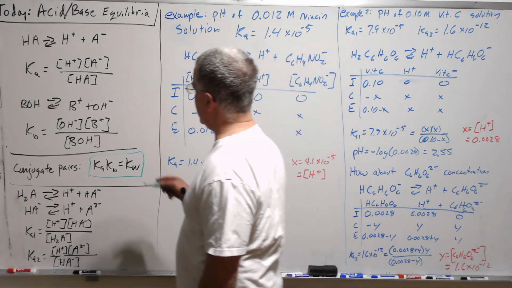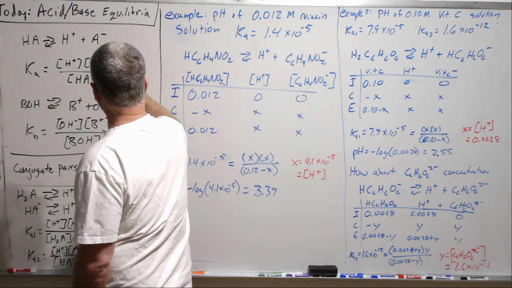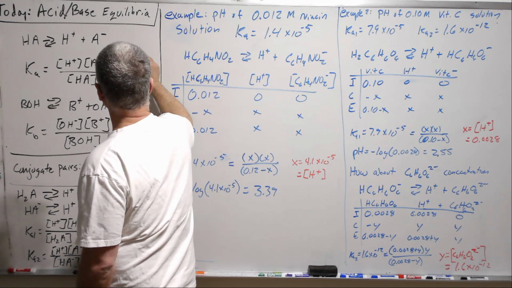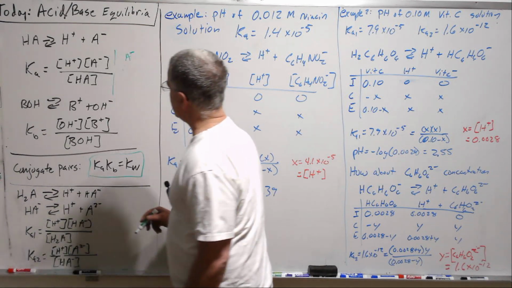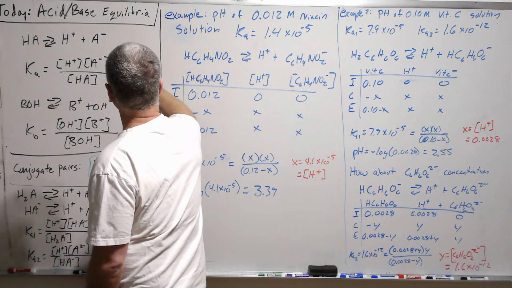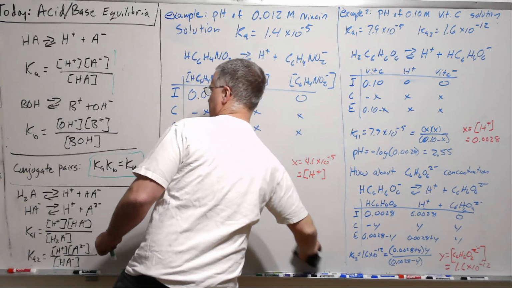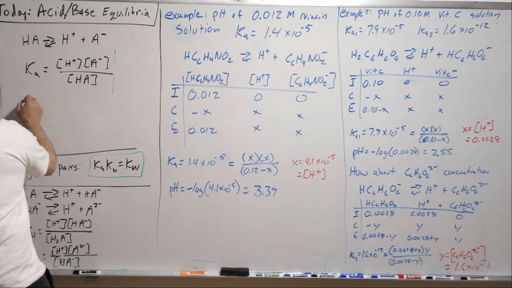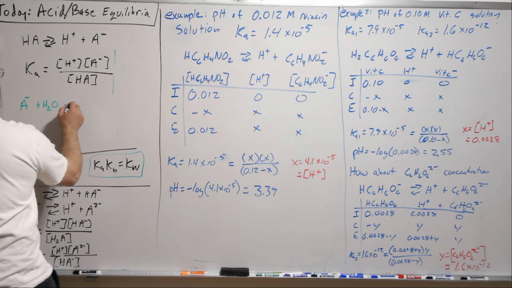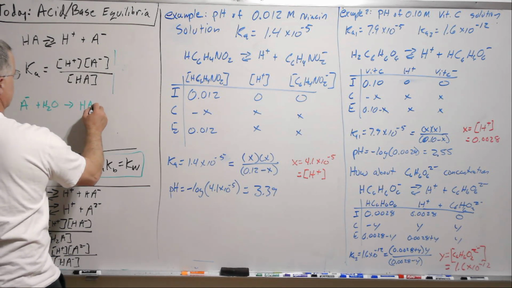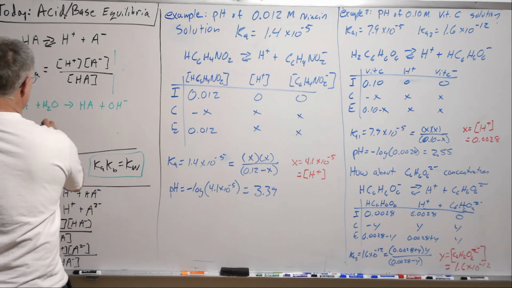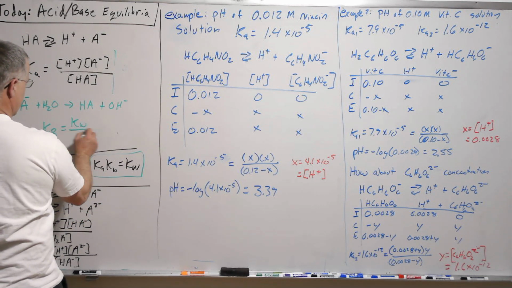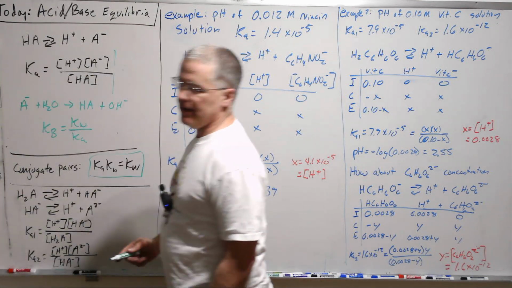So what that means is for this reaction, if we turn this around and say, let's put A into water, then the Kb for this, so let me actually just erase this part, Kb for this is going to be Kw divided by Ka for that conjugate system.